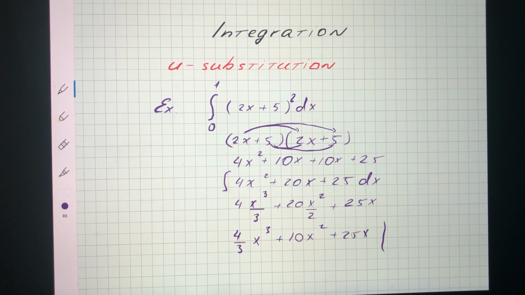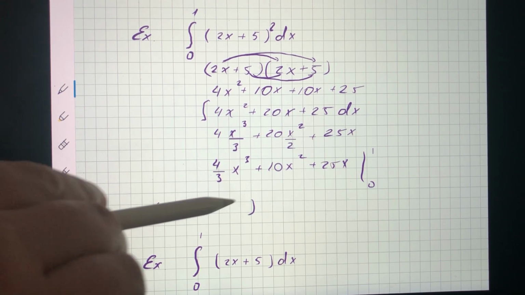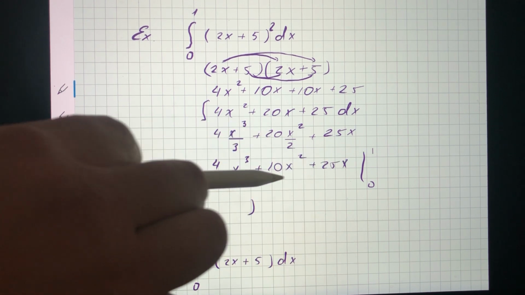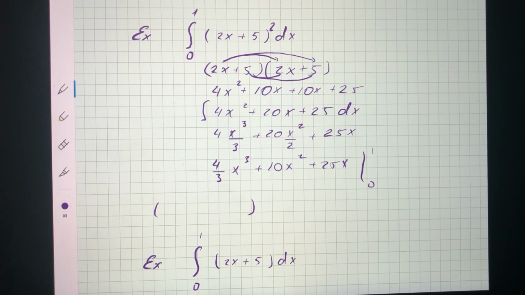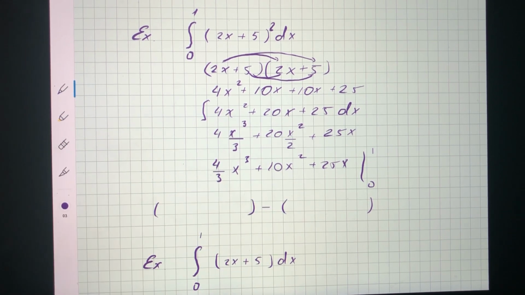And we're evaluating from 0 to 1. So first we plug in the 1. We set parentheses, and in the first set of parentheses we're plugging in the top value, and then minus, and in the second set of parentheses we're plugging in the bottom value for all of the x values. So first we have 4/3 times 1 cubed plus 10 times 1 squared plus 25 times 1.